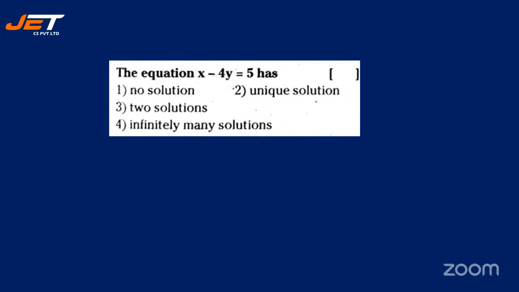All right. Now, the equation x minus 4y is equal to 5 has dash: no solution, unique solution, 2 solutions.